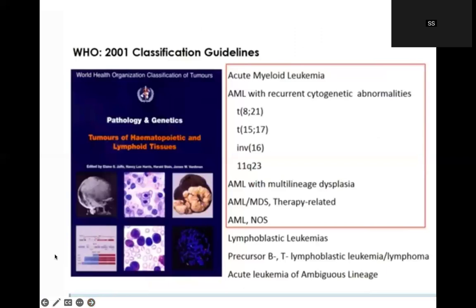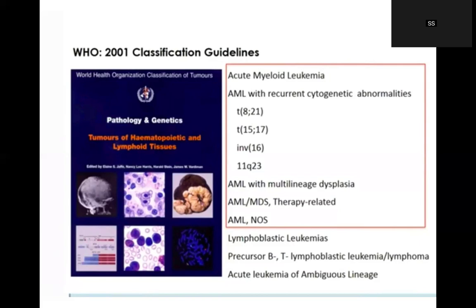The WHO revised this classification in 2016 for acute myeloid leukemia with recurrent genetic abnormalities. More genetic abnormalities with fusion genes were found, so that the patient will have a correct diagnosis and correct treatment according to the genome.